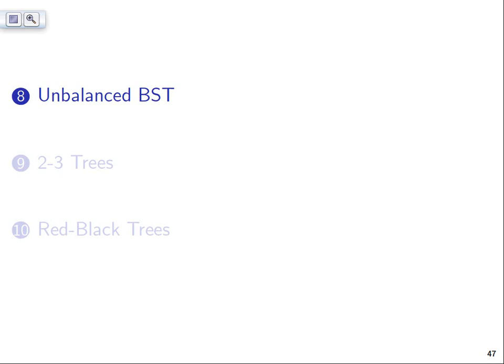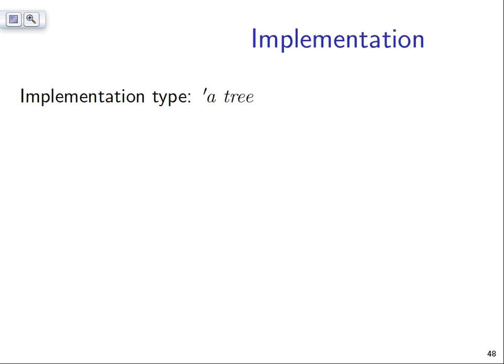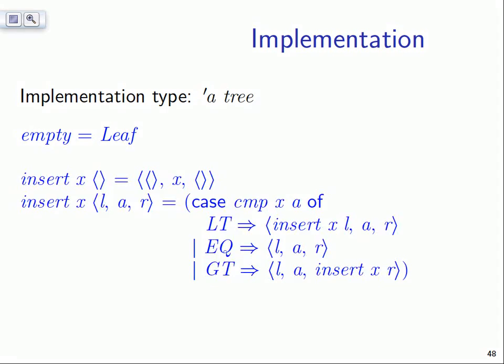So now, unbalanced binary search trees, what do they look like? Well, you're familiar with those, I'm sure. So here, the implementation type of the set interface is a tree over type A, and the empty set, of course, is just a leaf. That's why it's normally not mentioned even.